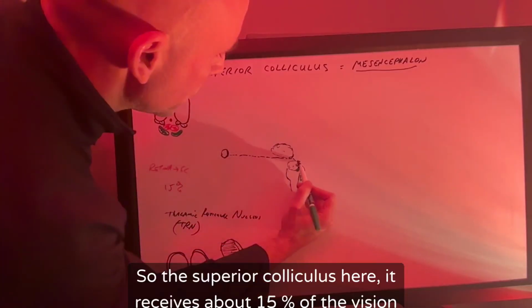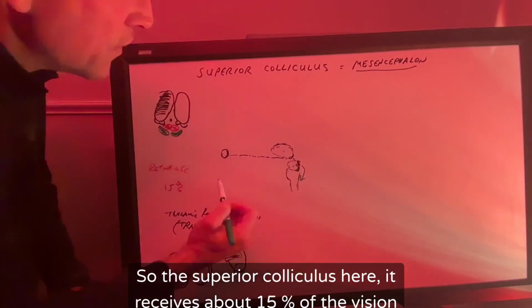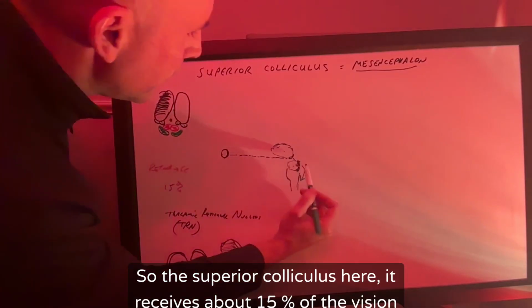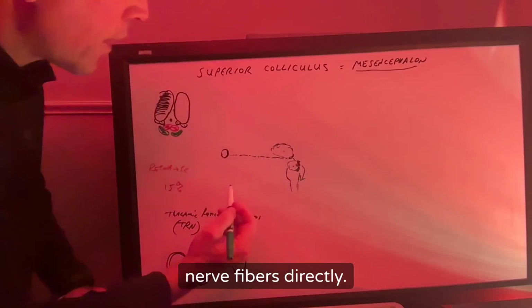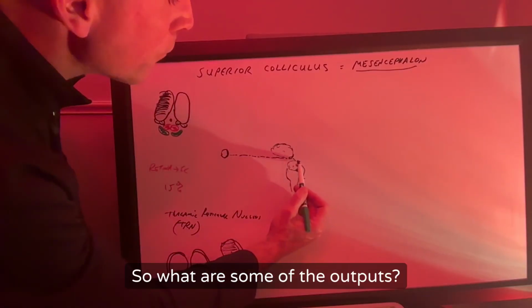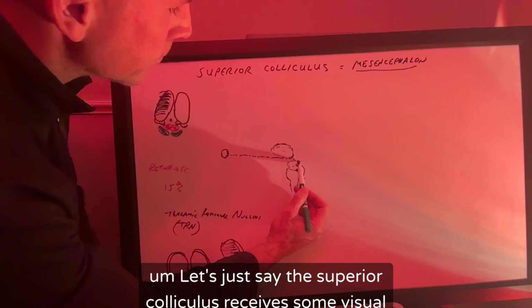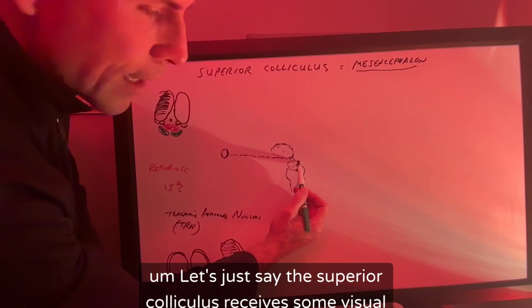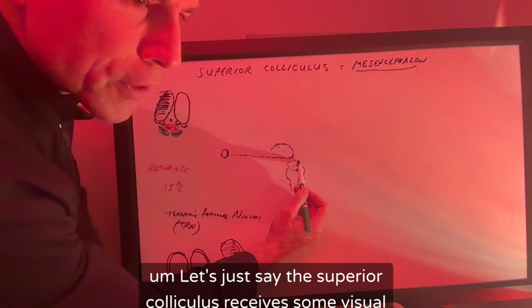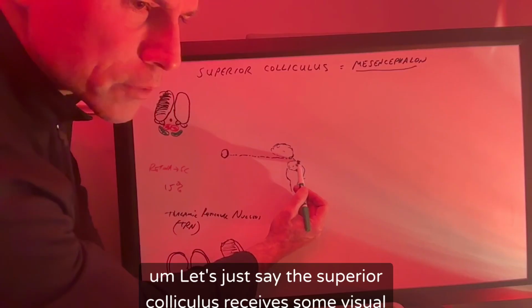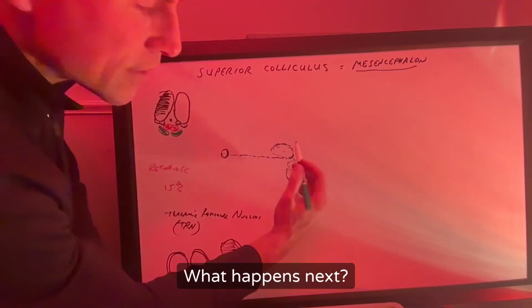So the superior colliculus here receives about 15% of the vision nerve fibers directly. So, what are some of the outputs? Let's just say the superior colliculus receives some visual information. What happens next?